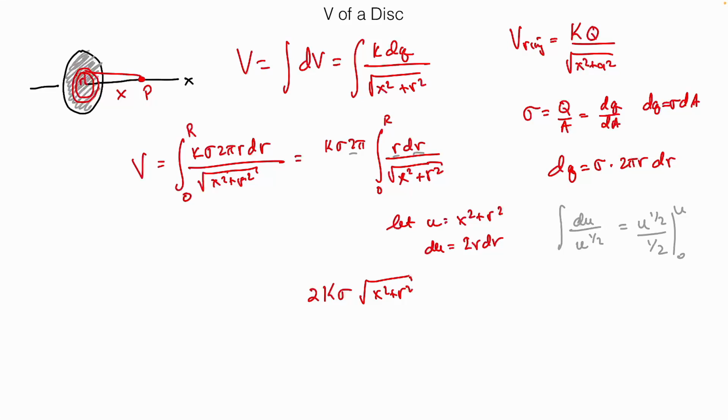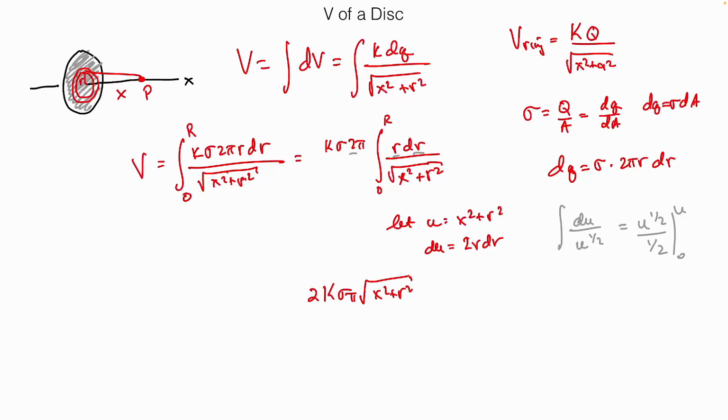I lost a pi. Pi comes along for the ride. Sorry, being a little bit sloppy with my integration there. Made sense to me. What? 2x? X is a constant. Yeah. Strictly speaking, there should be partials in here, but I think I got it.